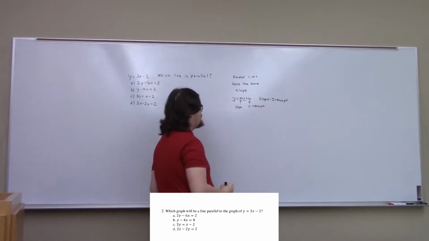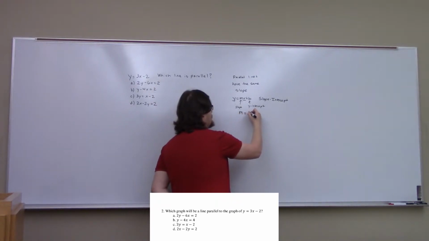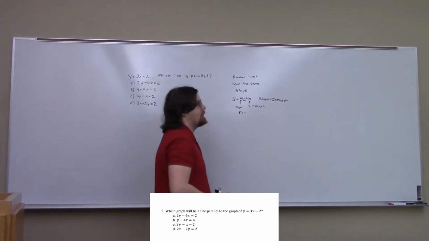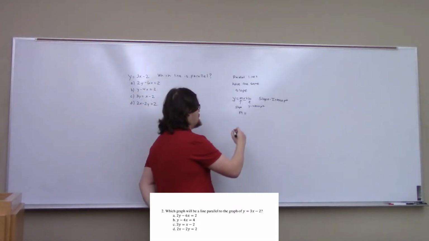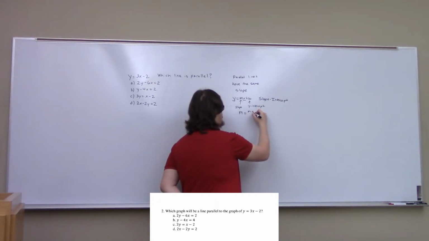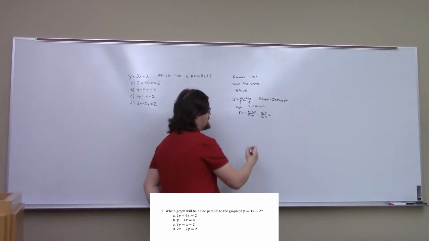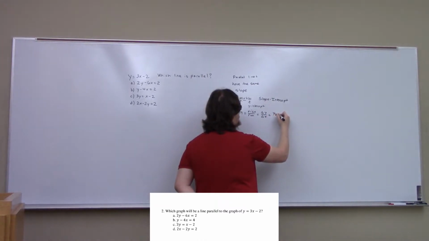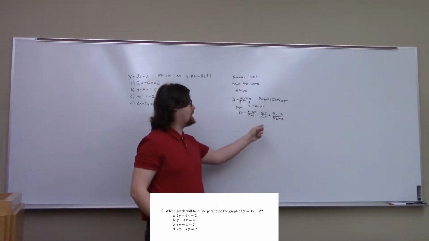So in this format, our slope m is simply the change in vertical position over the change in horizontal position. We call this rise over run, or delta y over delta x, where delta just means y2 minus y1 over x2 minus x1, where we're using a second point and a first point.